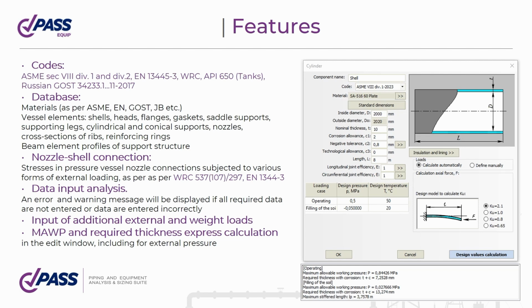When creating a model, the program checks the input data, and if required data are not entered, or are entered incorrectly, it outputs a warning or error message. In the edit window, the maximum global working pressure and the required thickness express calculation are output, including the maximum stiffened length for external pressure.